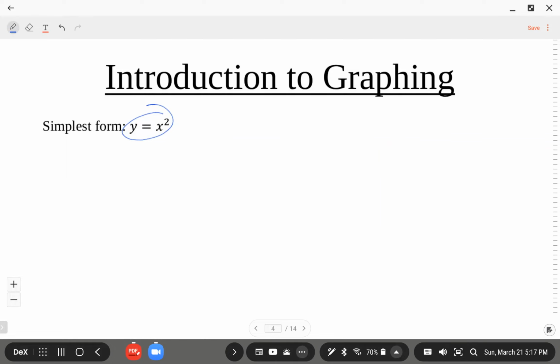Z, we're not going to focus on that yet. Learn that in geometry or something like that. Since this is a two-dimensional coordinate plane, we're going to focus on y and x. So the simplest form is y equals x squared, which will be a parabola.